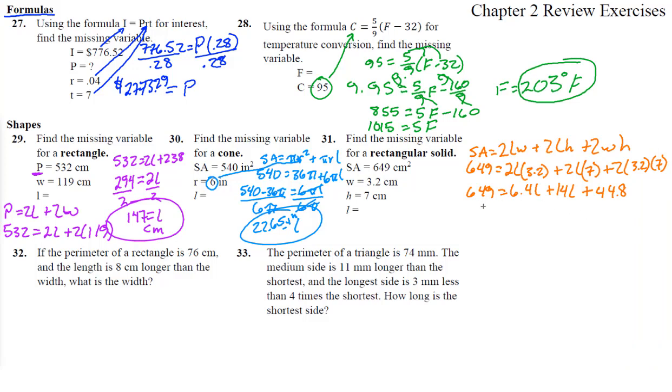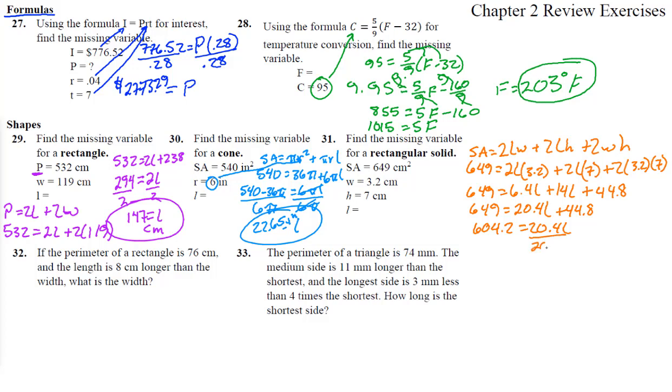Combine those and we get 649 equals 6.4 and 14, that's 20.4 L, and then plus that 44.8. All right, subtract the 44.8 over here, and we're going to get 604.2 equals 20.4 L. So we subtracted 44.8 from both sides.